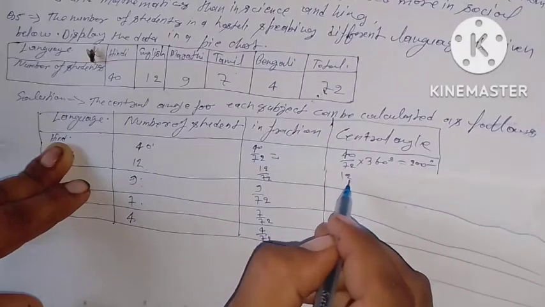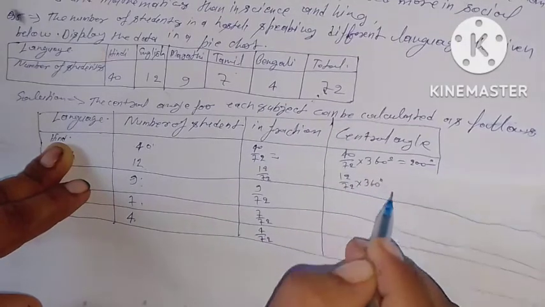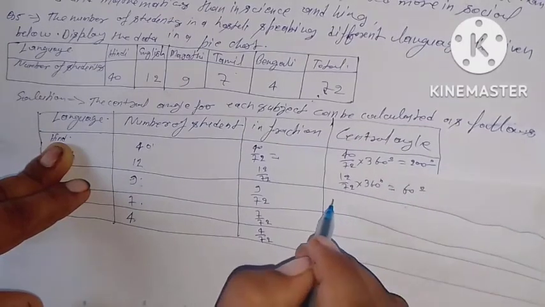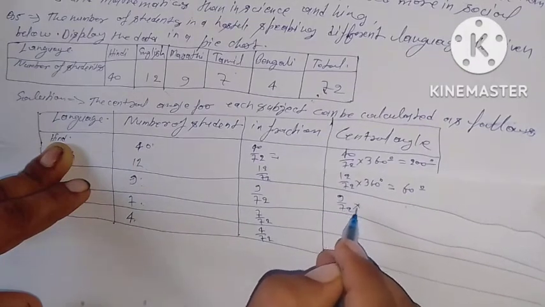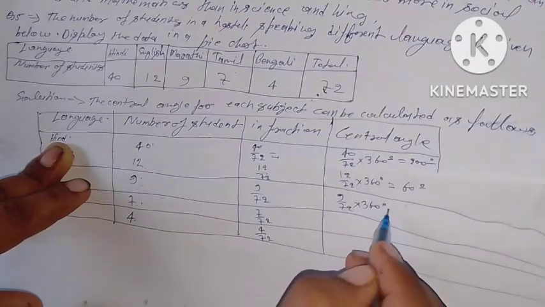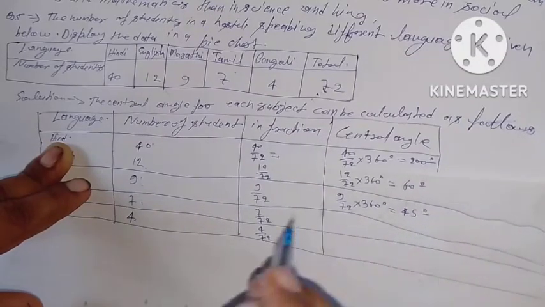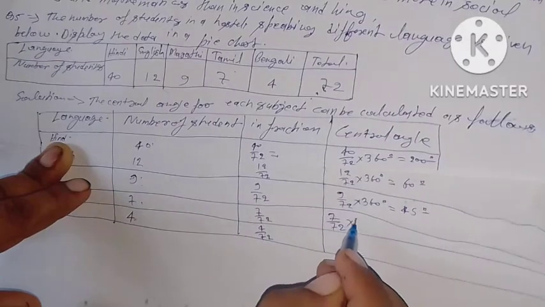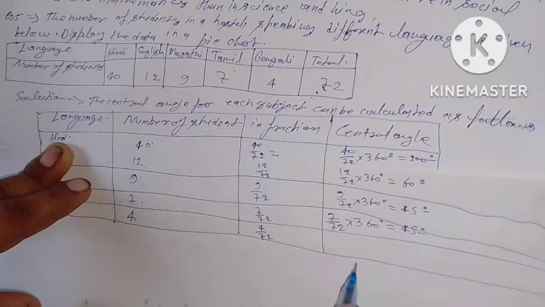Next is 12 upon 72 multiplied by 360 degree equal to 60 degree. Next is 9 upon 72 multiplied by 360 degree equal to 45 degree. And next is 7 upon 72 multiplied by 360 degree.